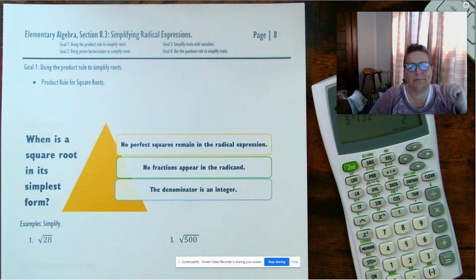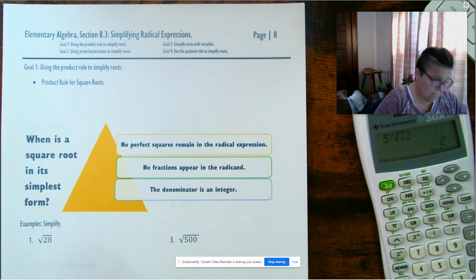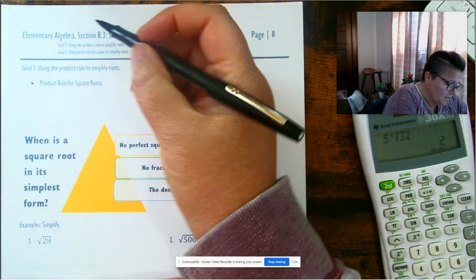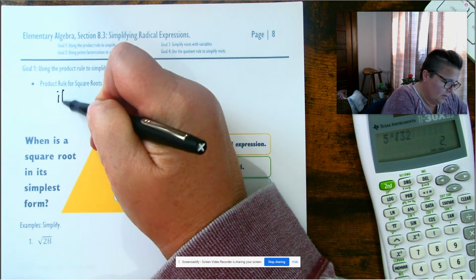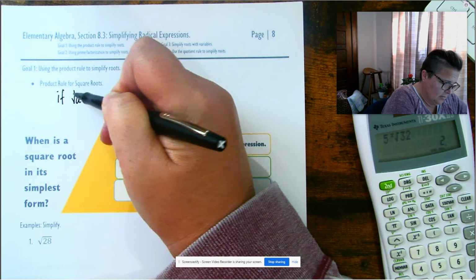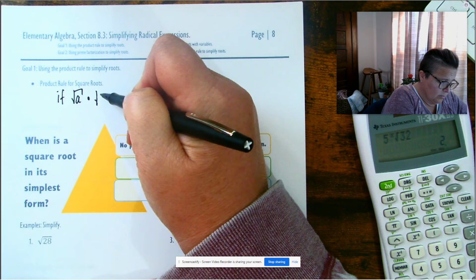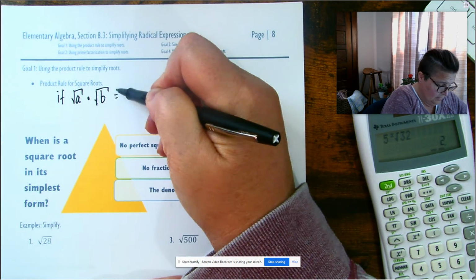So there's that too. Okay, so the product rule for square roots is actually something that I already kind of showed you. Bad me. We've been using it. The product rule for square roots says if you have the square root of A and you multiply that by the square root of B, this will be the same thing.